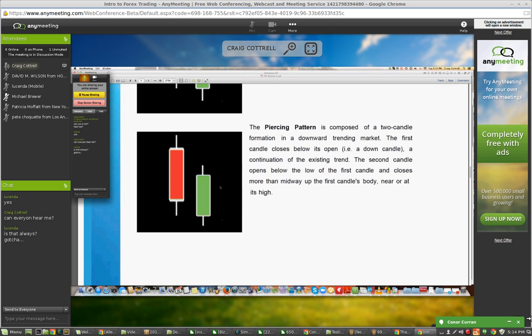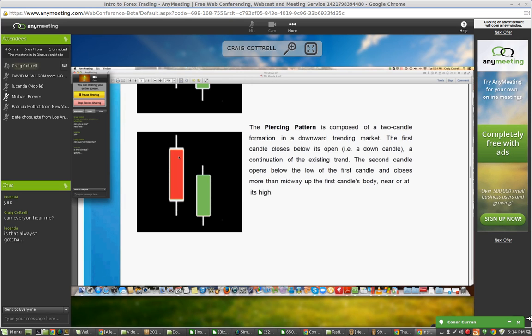But then you get a green candle coming out where the price closes higher than where it opened. And it closes about halfway up the previous red candle. Now, in my experience of trading, I've been trading for many years, the piercing pattern is not quite as powerful as the bullish or bearish engulfing.